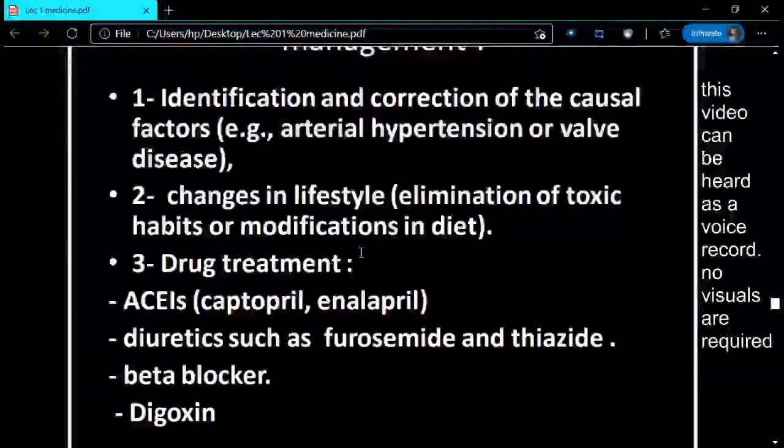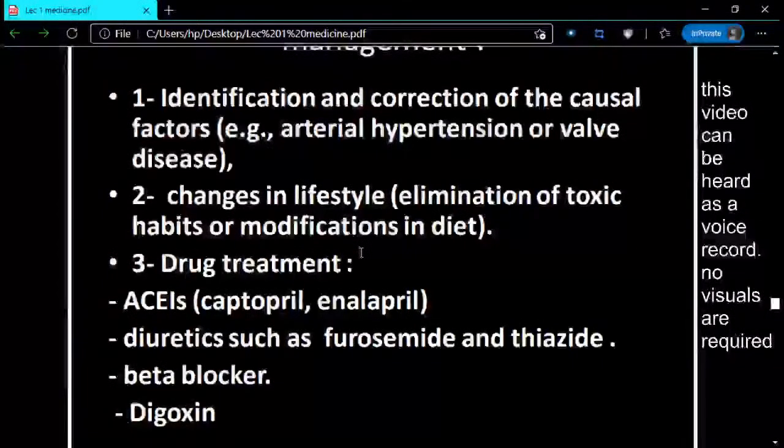Management: correction of arterial hypertension, diet, lifestyle, and after the diagnosis, captopril, enalapril, ACE inhibitors, diuretics, thiazide, furosemide, beta-blockers, digoxin.